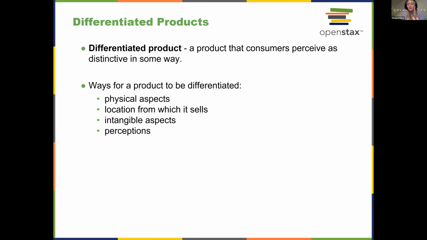So a common thing that exists in monopolistic competition is brand names.